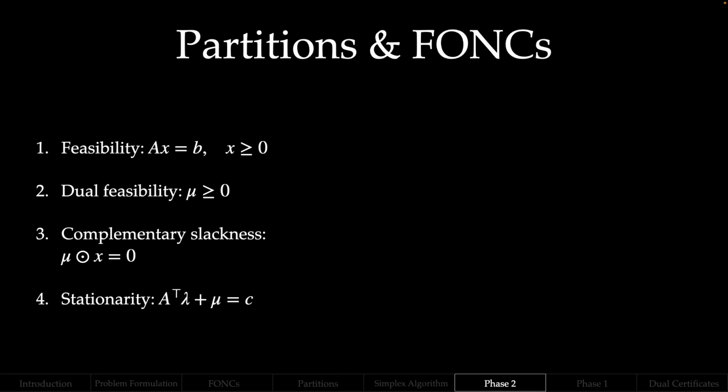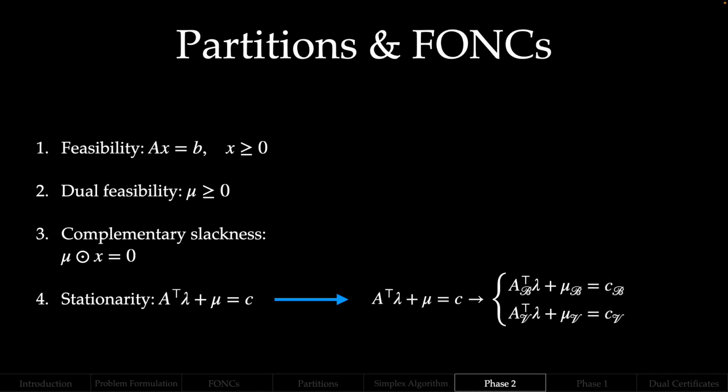What we're first going to do is just rewrite the first order necessary conditions in terms of our partition. All right, so first looking at stationarity, we can rewrite this stationarity condition in terms of the basis and free indices. We've just rewritten the same exact thing, but now indexing into our A and our mu components in c. Now we can notice from complementary slackness that we have mu of our basis equal to 0, right?